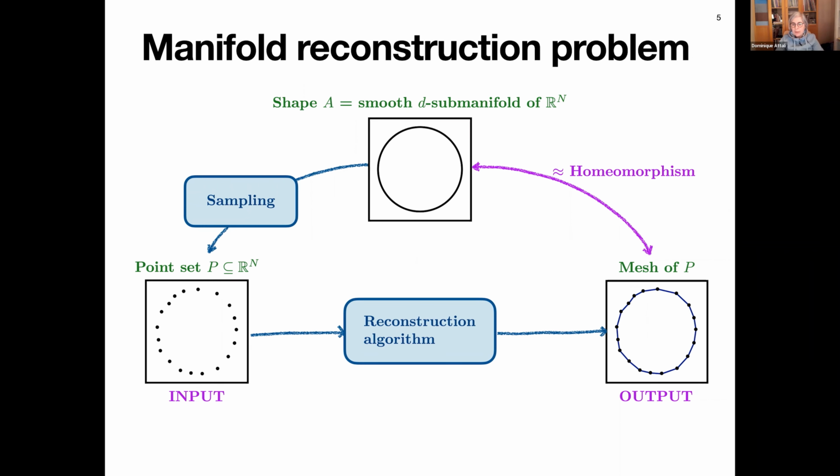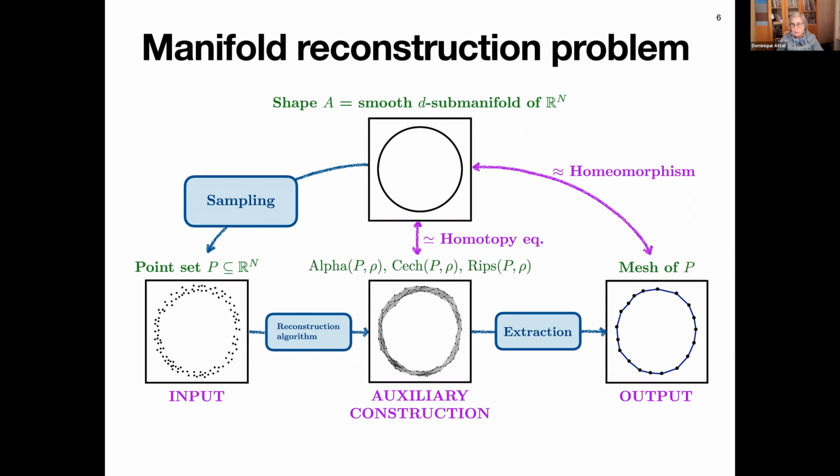There is something that one can easily obtain. It's a construction that is homotopy equivalent to the shape. There are several possibilities for that. This means that you would get something that will recover the number of connected components, the number of cycles, and so on. But you are not guaranteed to obtain exactly the dimension of the shape.